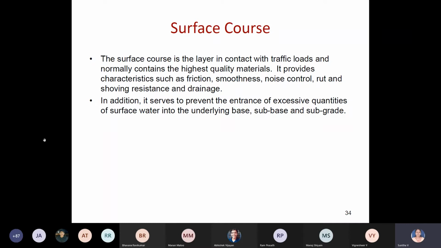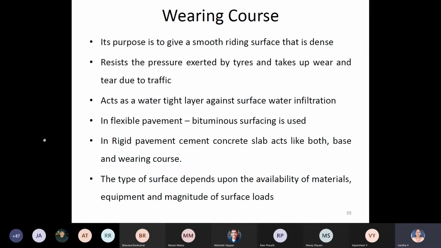So the surface course is the layer in direct contact with traffic load, and it should have the highest quality material because it is in direct contact with traffic load, and the stress is higher here. It provides characteristics such as friction, smoothness, noise control, rut and shoving resistance, and drainage. In addition, it should prevent the entrance of water into the pavement.